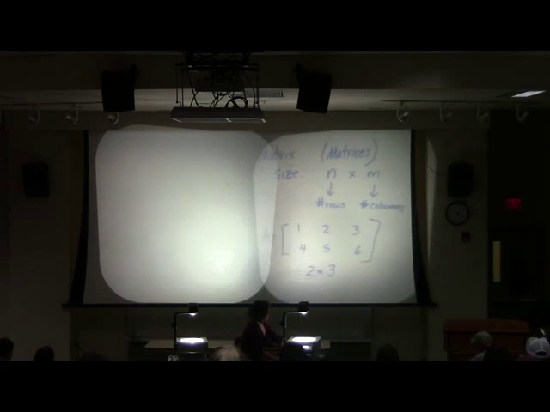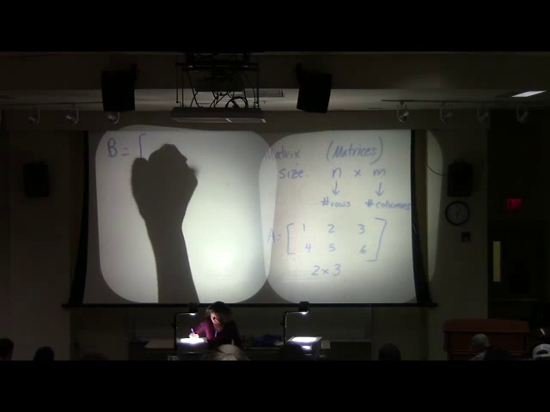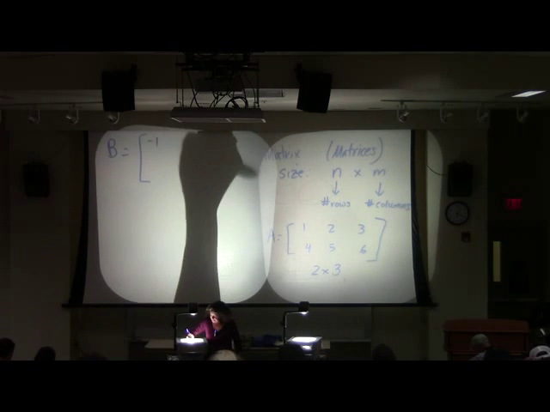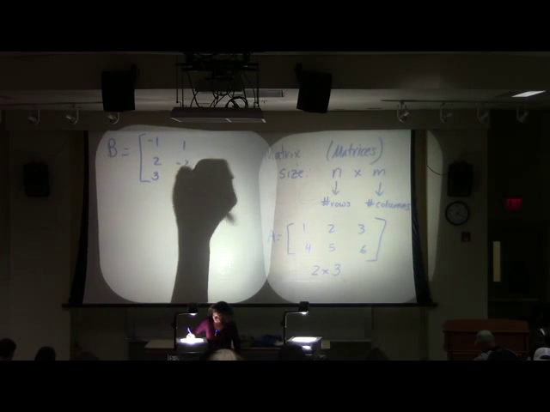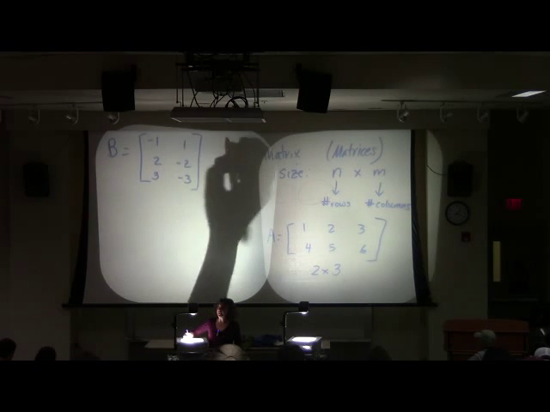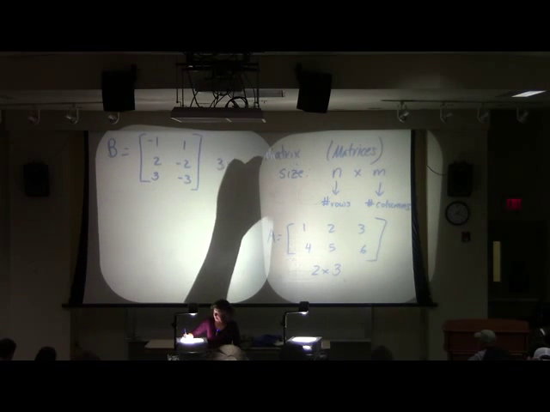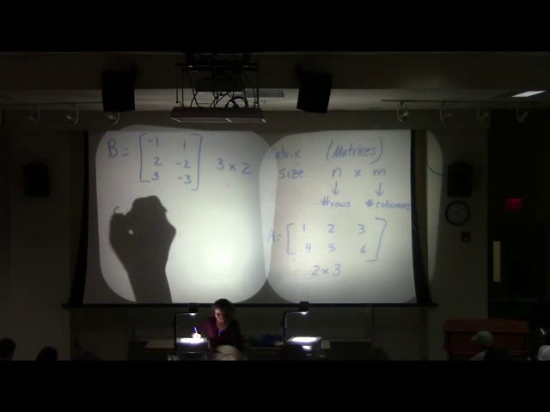So, what if, on the other hand, I have this matrix? -1, 1, 2, -2, 3, -3. What size is matrix B? He's a 3 by 2, isn't he? Because there's 3 rows and 2 columns. Do you want to know a really, I'll call him C for cute matrix?